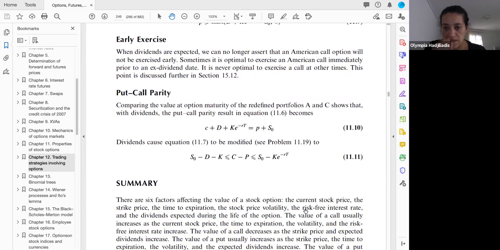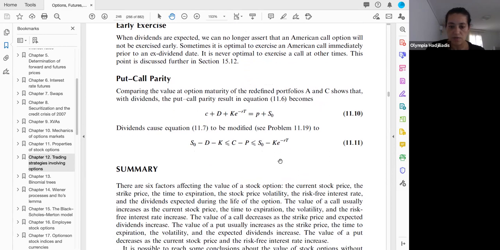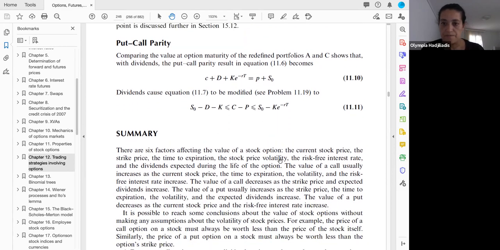The put-call parity becomes C plus D plus K e to the minus RT equals P plus S0. Dividends cause equation 11.7 to be modified. And so now the difference between American call and put is between S0 minus D minus K and S0 minus K e to the minus RT.